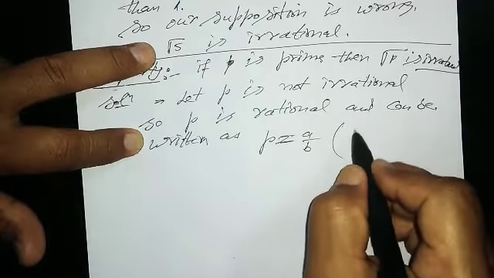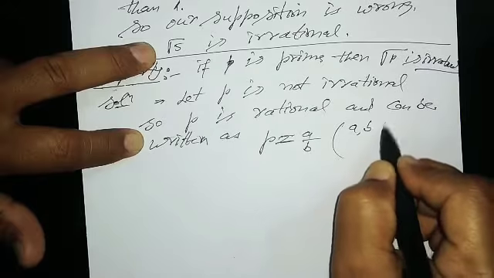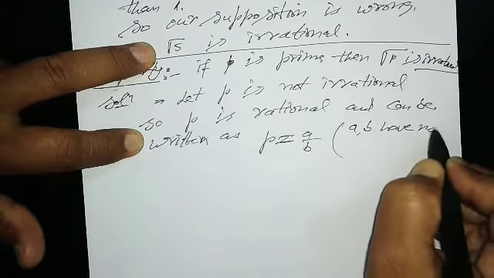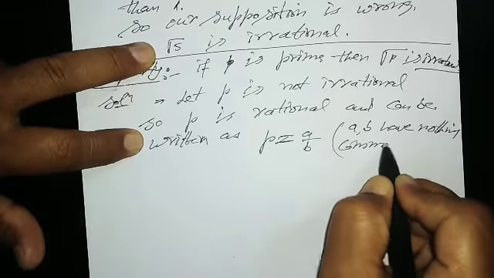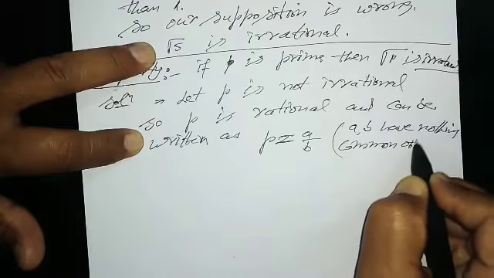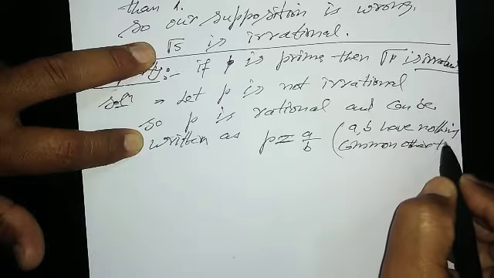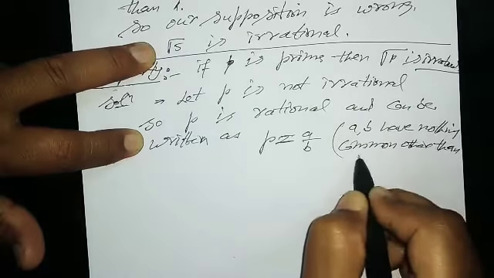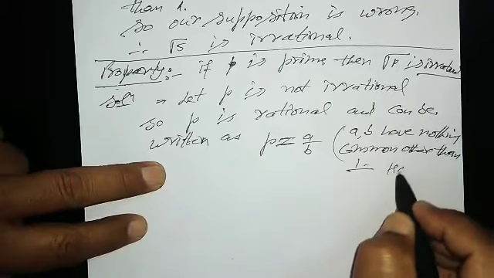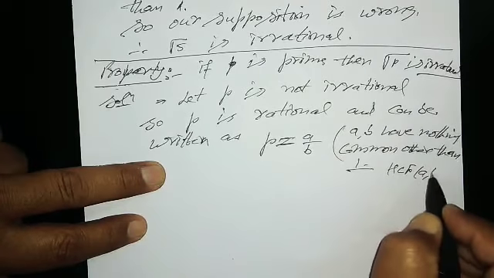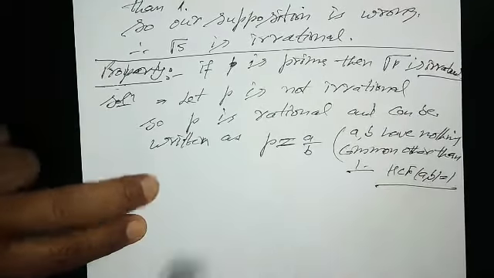Also, a and b have nothing common other than 1. Okay, means HCF of a and b is equal to 1.